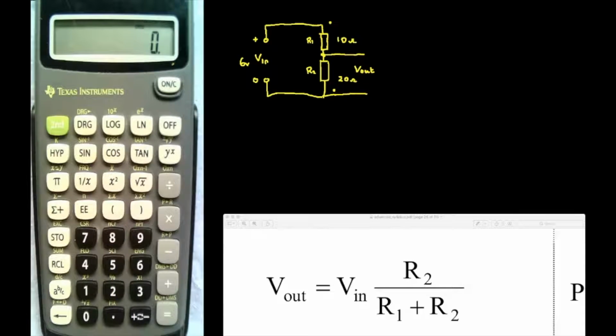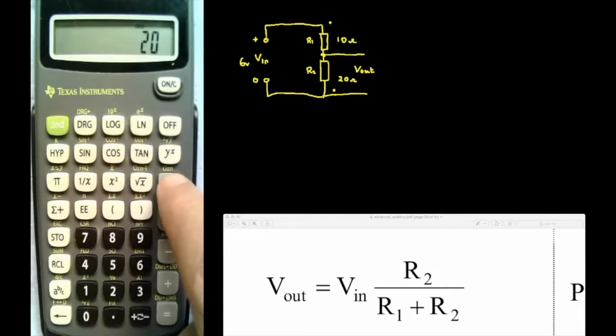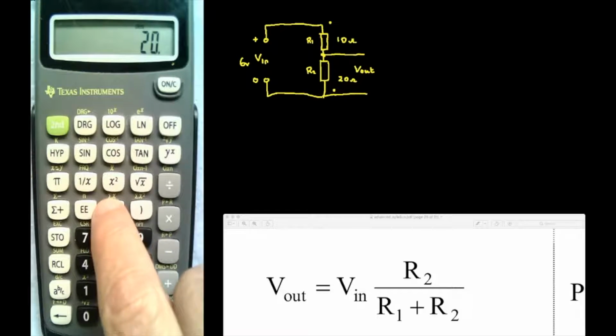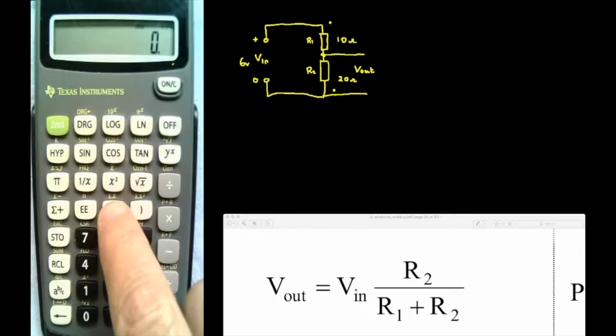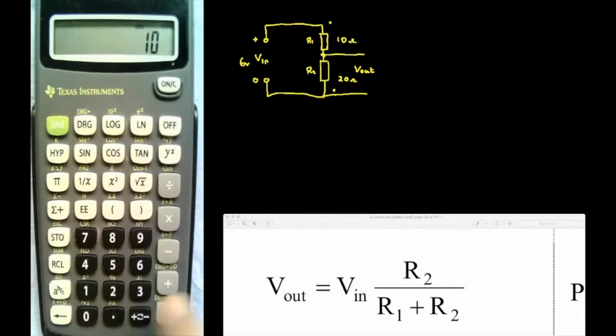Let's do that fraction first. R2 is 20. Then we divide that by the result of R1 plus R2, so it's safe to put brackets around it. We put a bracket, it doesn't show on the screen, but it's implied. R1 plus R2 is 10 plus 20, and then we close the bracket. And then we say equals.